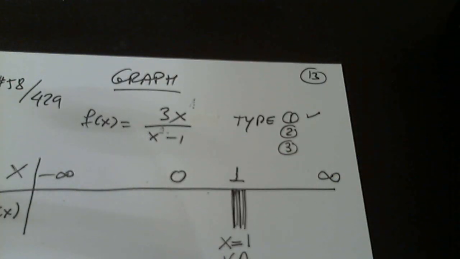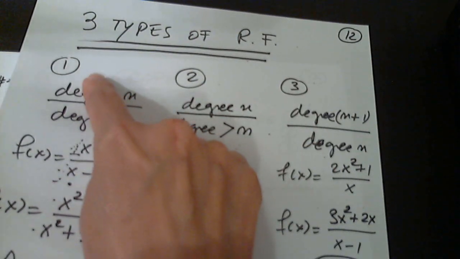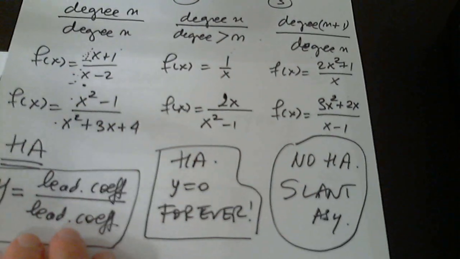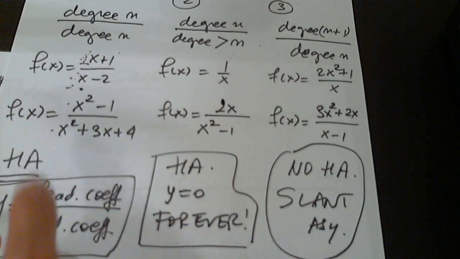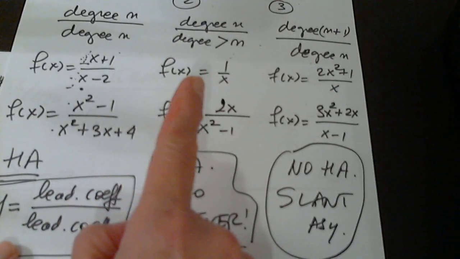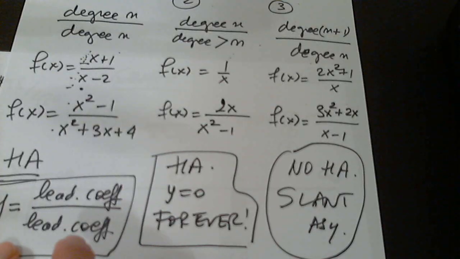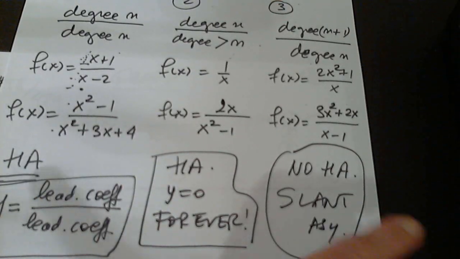Let's take a look. Let me go back to the page. So it's type 1. Scroll forward. What did we say about the horizontal asymptote? How do we determine it? The leading coefficient of the top divided by the leading coefficient of the bottom. That is also the end behavior.